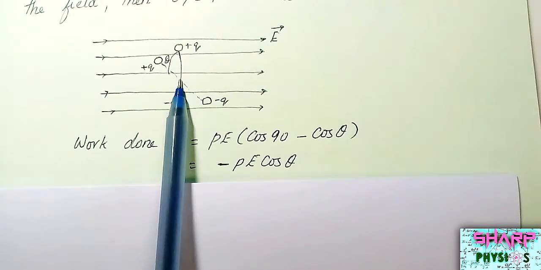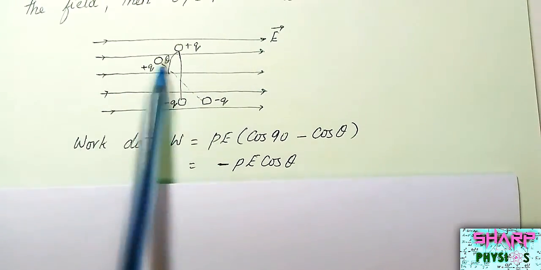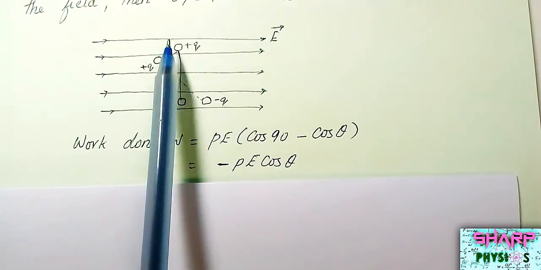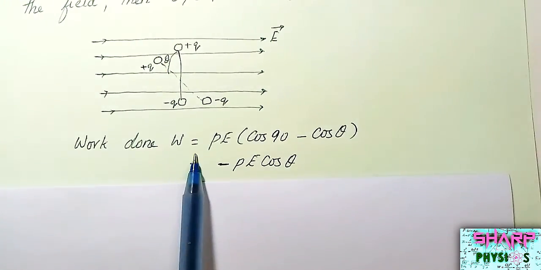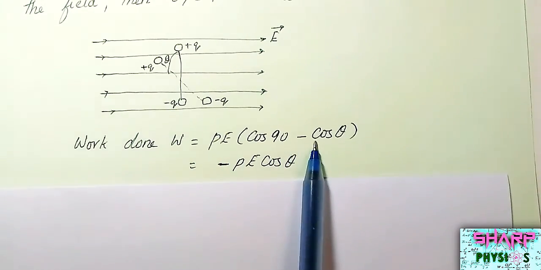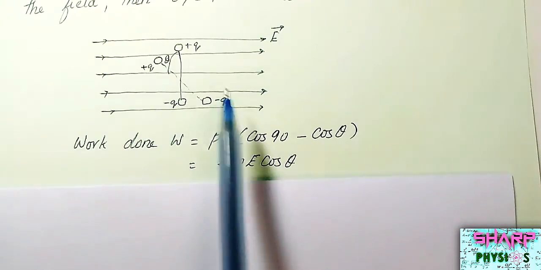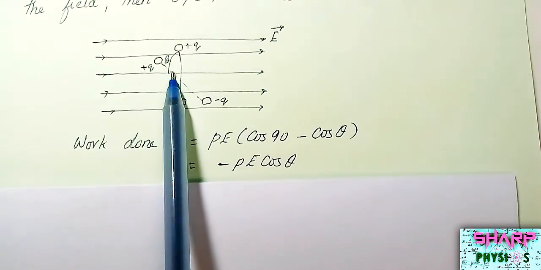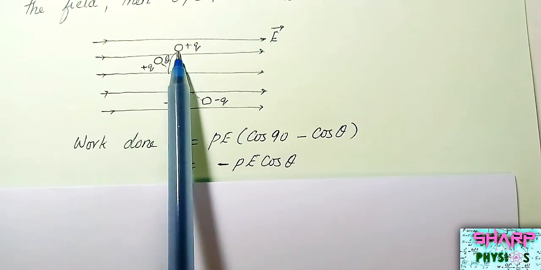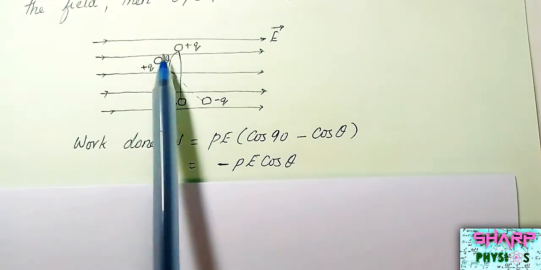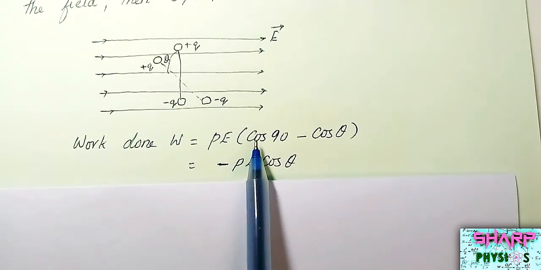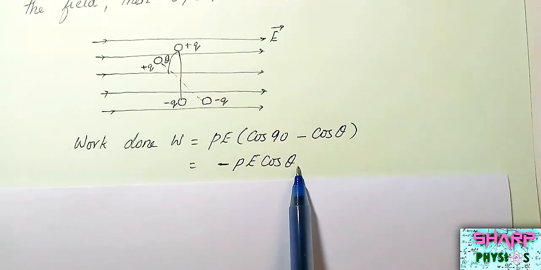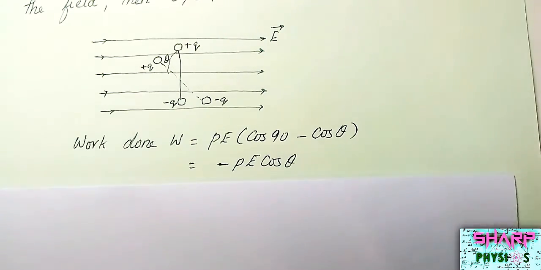Then the work done will be P E into cos 90 minus cos theta, which is equal to minus P E cos theta.